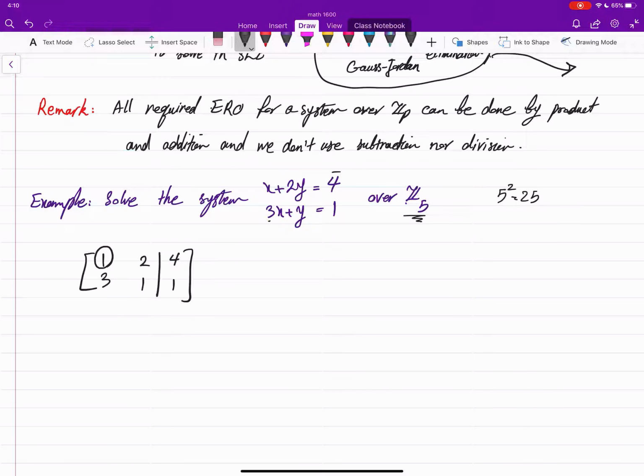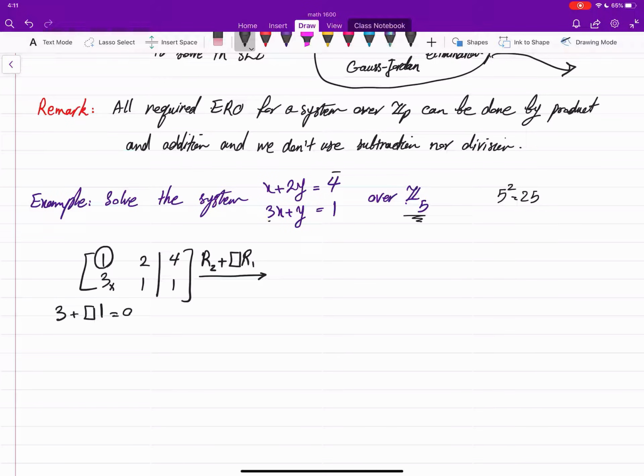I will take it as the leading one and use it to make everything else in that column, there's only one entry, 0. It means that I have to multiply row 1 by something and add it to row 2 such that 3 plus box times 1 is 0.